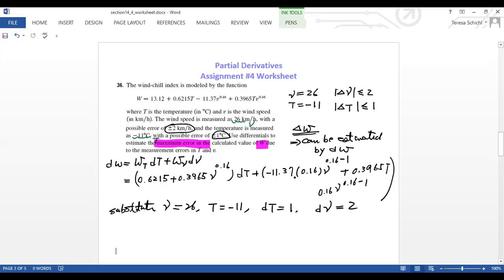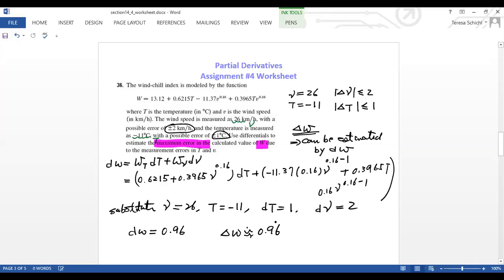So you substitute everything back in, and I got that dW is very close to 0.96 here. That means delta W can be estimated by 0.96.